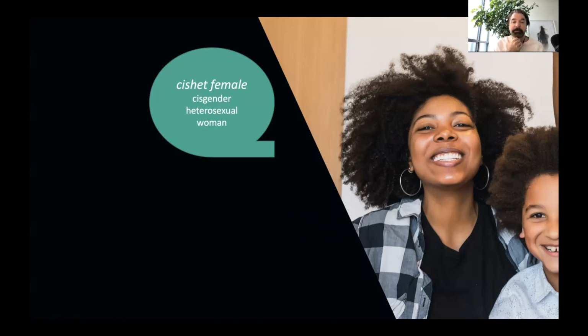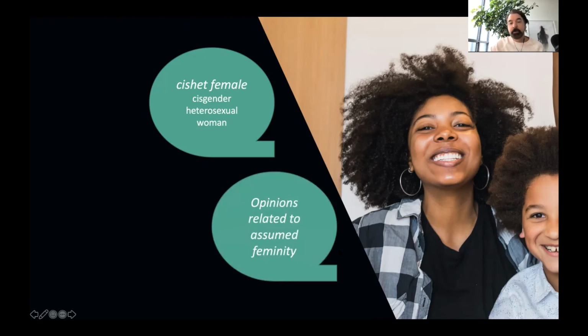And het is the heterosexual part. So she also is a heterosexual woman, self-identified. So her experiences are what we're going to hear from first. What we hear in the audio or maybe as a text are her opinions about these washroom choices, in particular, the relationship of the representation to femininity.